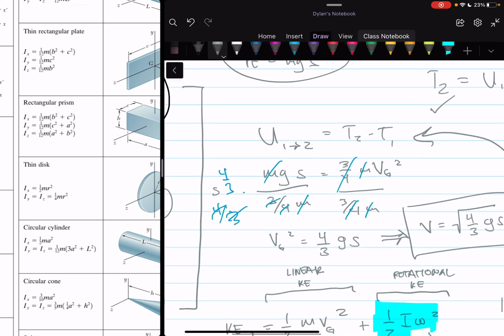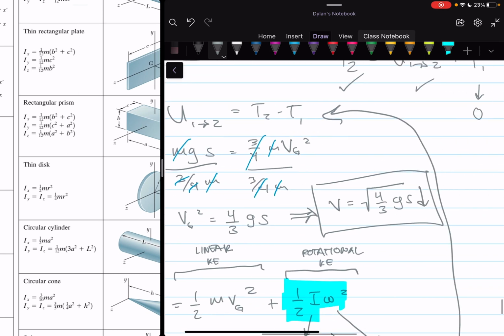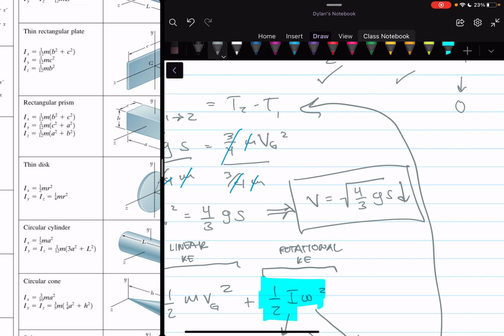And then we just solve for velocity, and that's in the downward direction. It's the square root of 4/3 g, for gravity, times s, distance. And that is downward, so I'm not sure if you want us to do minus or not, or just put the direction, but that is what I got.